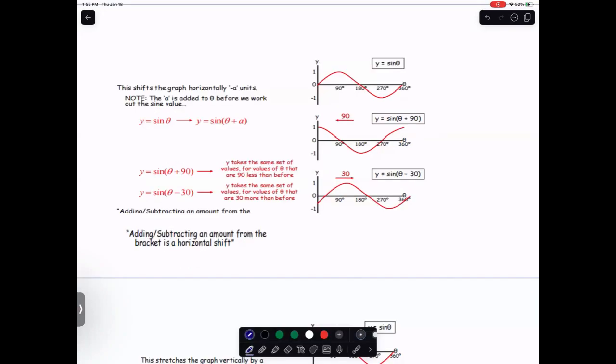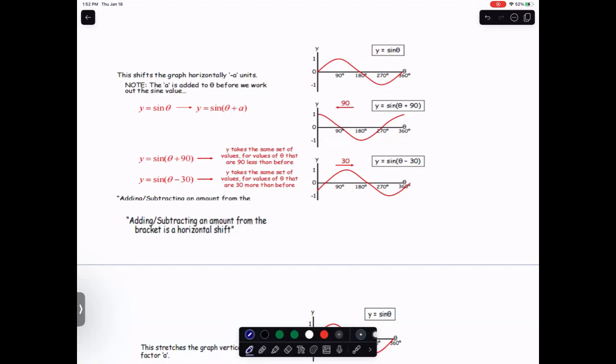Now we're looking at transforming your sine graphs by adding a value of a to your theta. So here we have sine theta plus 90 degrees. If our theta is 90, for example, we are saying sine 90 plus 90.